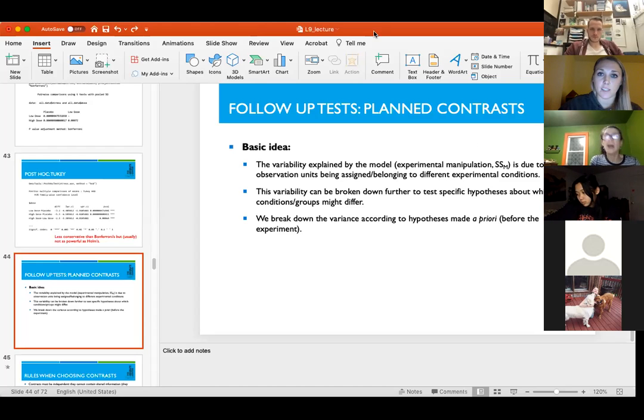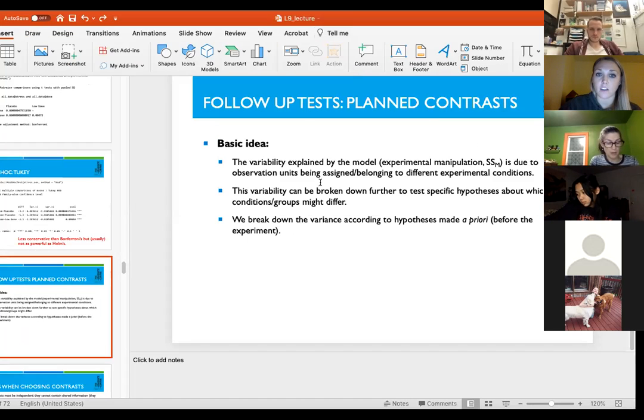All right, and so the basic idea of doing these planned contrasts is that we're going to further break down the variability by testing specific hypotheses. You can think about when we did our ANOVA, we were breaking down that variability on the whole, all of the differences across all of our groups relative to all of the error within the groups.